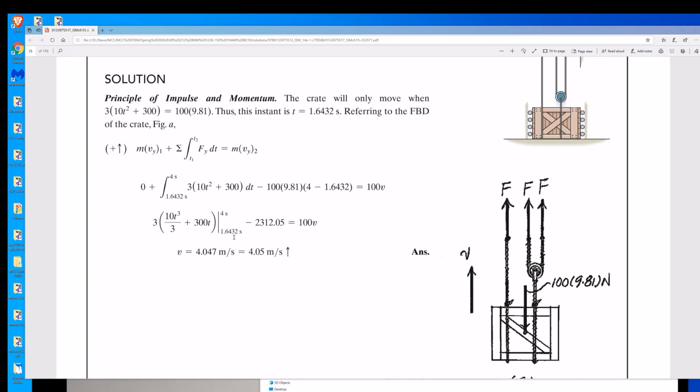And second, you have to make sure you have this component due to the weight, the impulse of the weight, between the two times. This is the weight, here's t1, and here's t2. And that's solving for that final velocity, our v2 velocity of the crate.